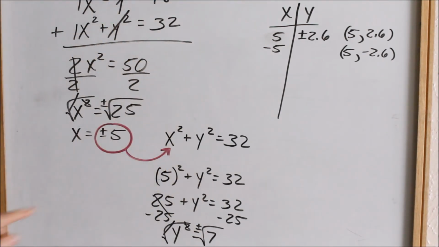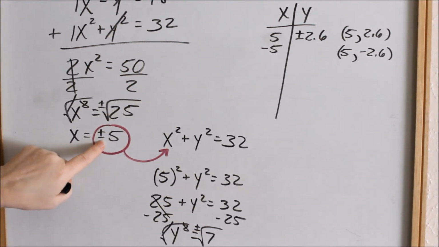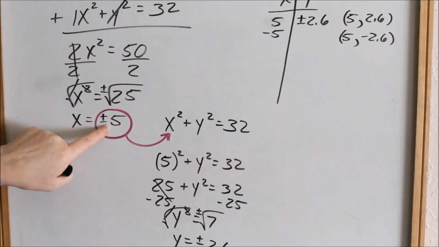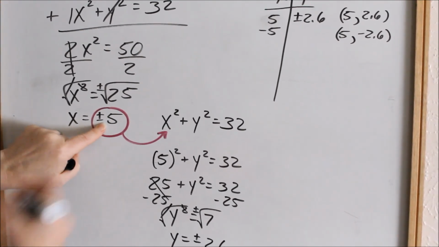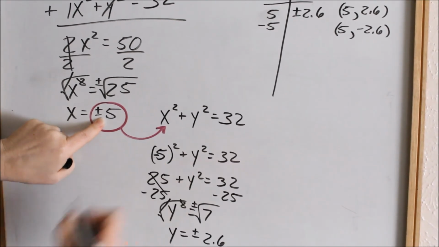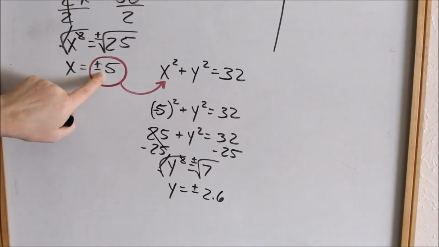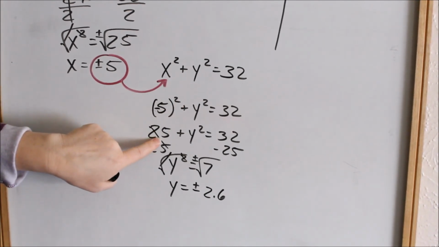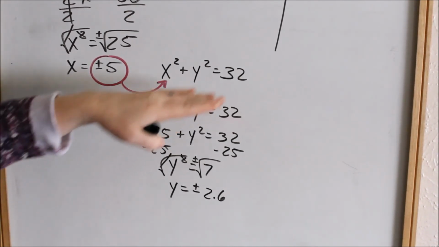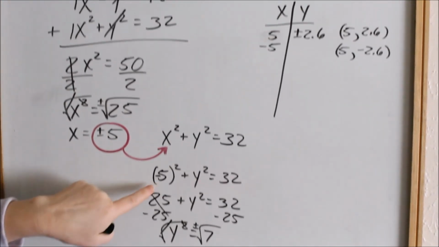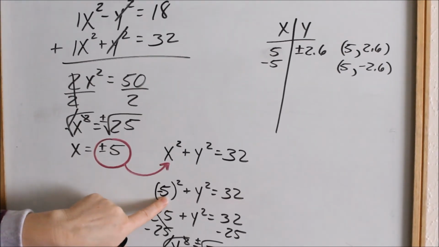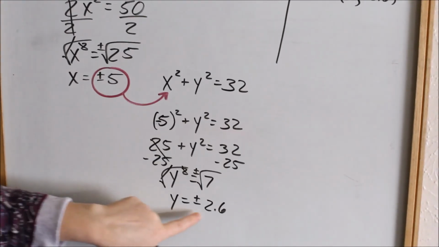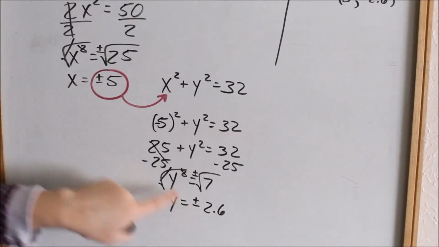Now let's go put in a negative 5, because first I had to put in the positive 5 for x. Now I'm putting in the negative 5. So if I put in a negative 5 right here, is my answer going to change any? It's not going to change, because negative 5 squared is still a positive 25. So I don't have to go through all these calculations. I can just recognize that if I put a negative 5 here, I'm going to end up with my same equation, and I'm going to come down here to y equals plus or minus 2.6.